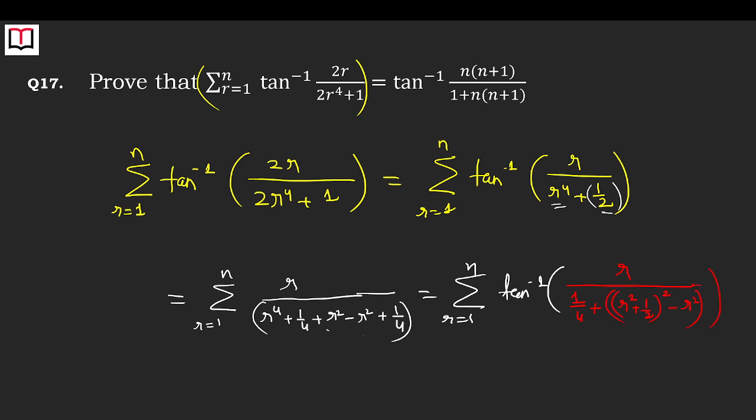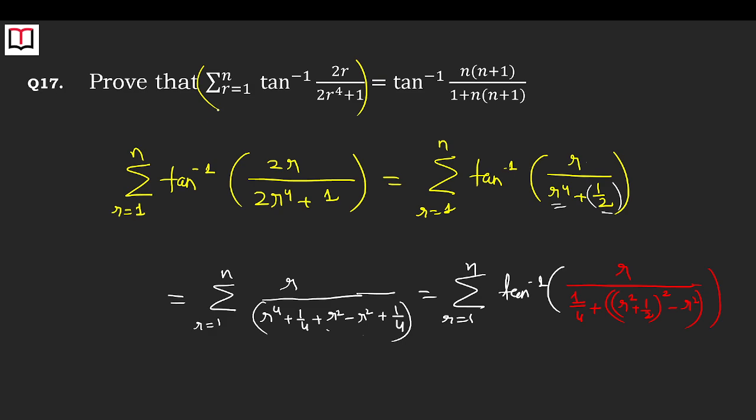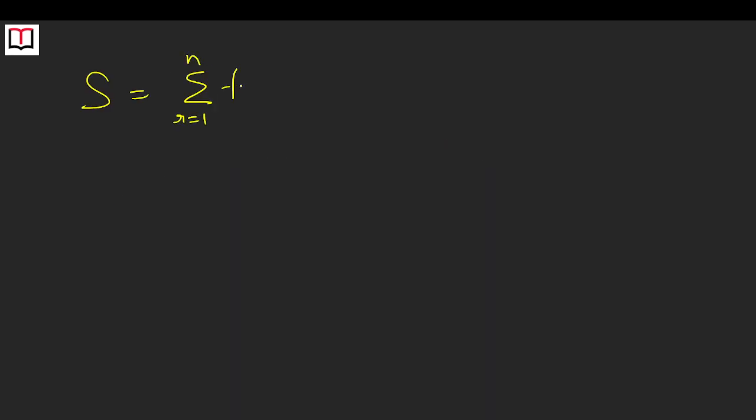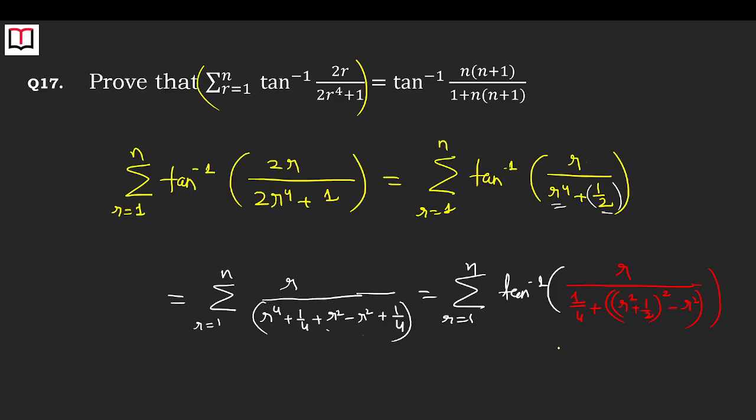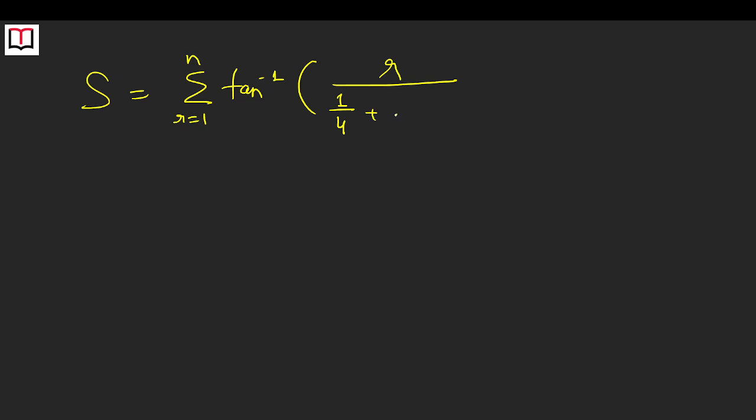Okay, so what can we write for this is, S is summation r goes from 1 to whatever, and tan inverse of r over. See, we still don't have 1 here, but I'm just keeping my focus here. So r square plus r plus half, r square minus r plus half.